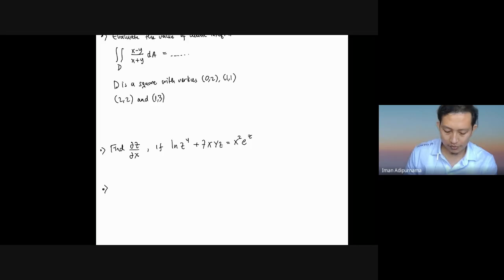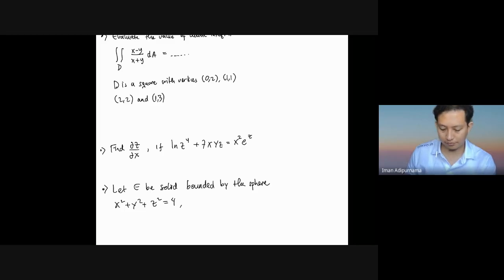It's from chapter 15. Let E be the solid bounded by the sphere x squared plus y squared plus z squared equals 4, and bounded by the sphere and the cylinder.